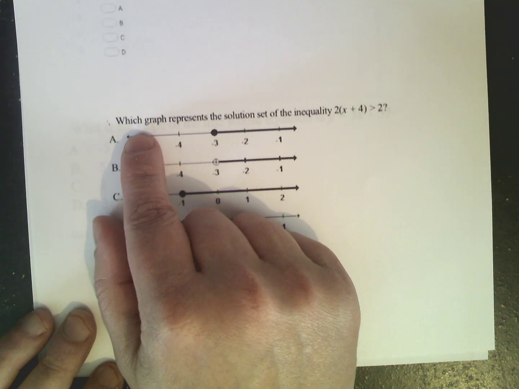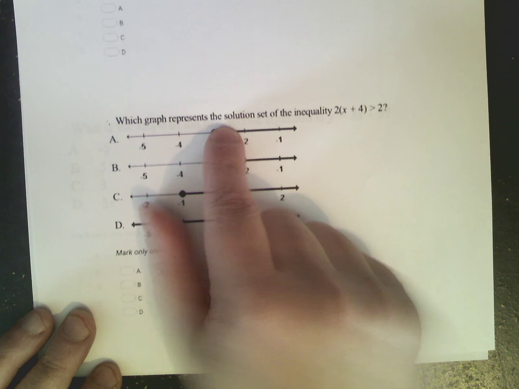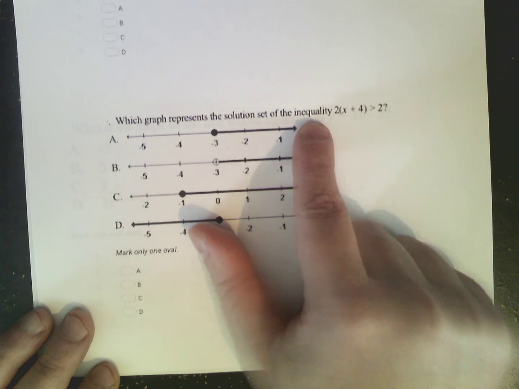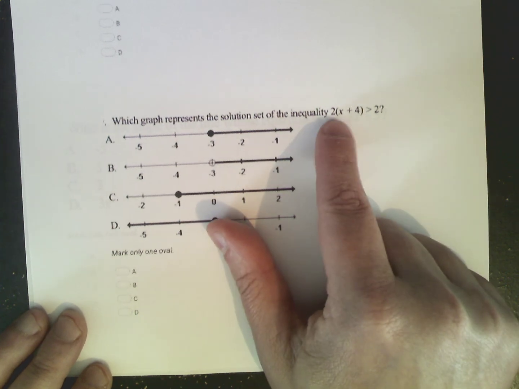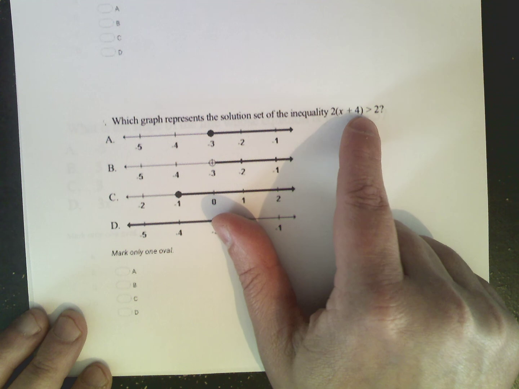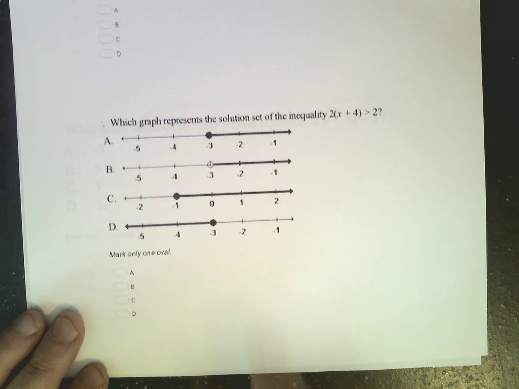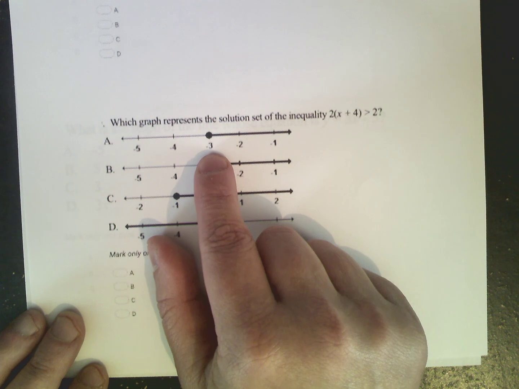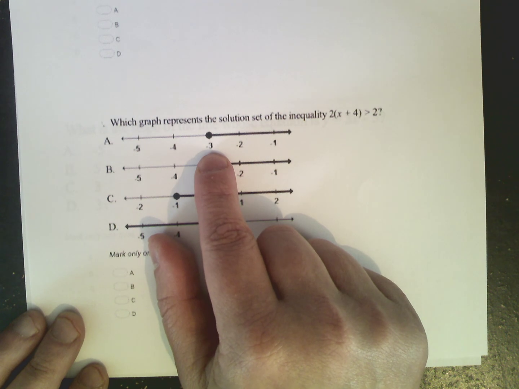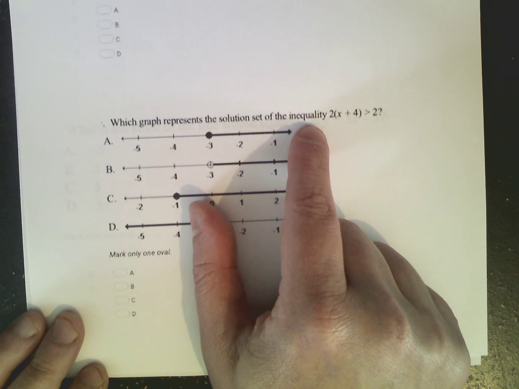Same thing with this next question. Which graph represents the solution set of the inequality 2 parentheses x plus 4 is greater than 2? Is it A, negative 3 is filled in with a closed circle and goes to the right?